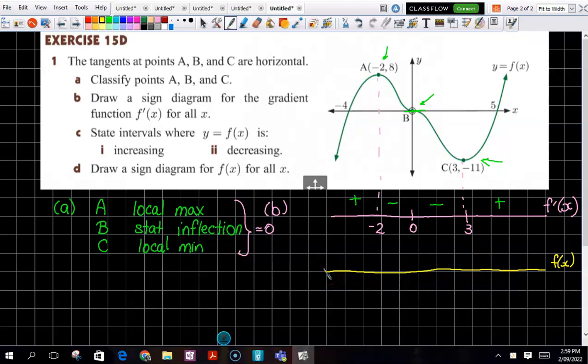Oh, wonky line. So do we remember what the sign diagram is for the function? The roots, because we're looking at when is the graph above the x-axis, that's when it will be positive, and when is it below, that's when it will be negative. So what's going to go on my negative 4?